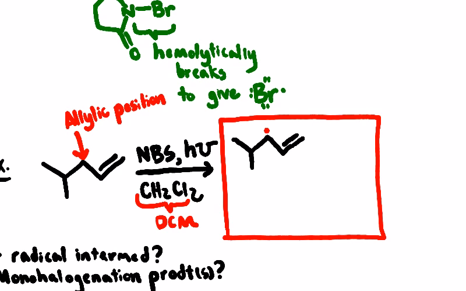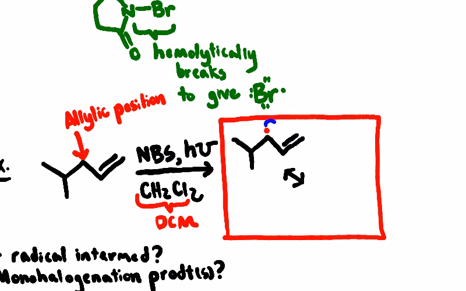So once we've broken that carbon-hydrogen bond using a mechanism like we saw previously, will give us this allylic radical, and then we can stabilize that by virtue of resonance, and we'll show our electron pushing arrows here to indicate the movement of electrons to give us that resonance stabilization.